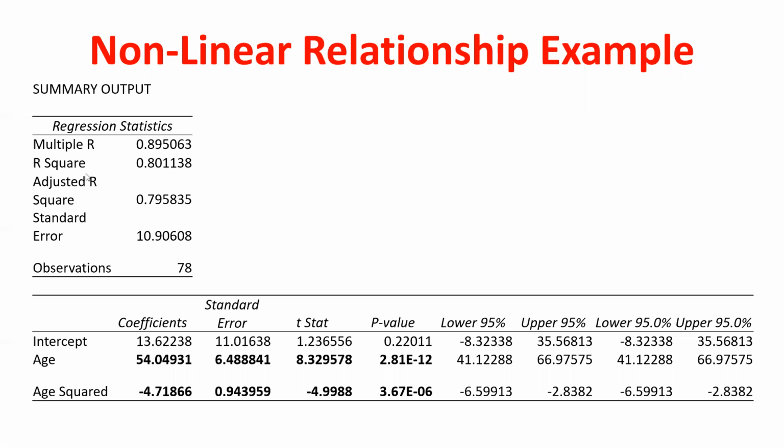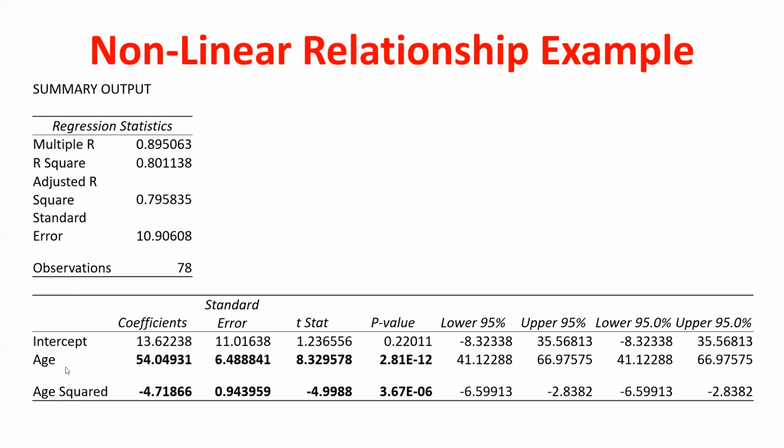This R squared, right? R squared is telling me what proportion of the variation in my y variable I'm explaining with all of my x variables. We usually like to talk about things in percents. This is a proportion. I'm explaining 80% of the variation.